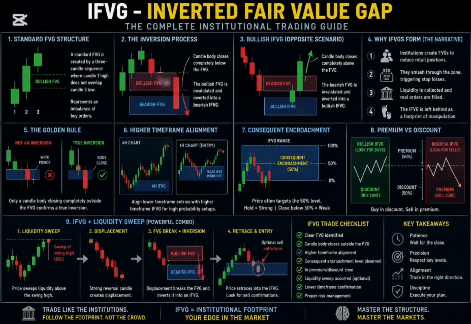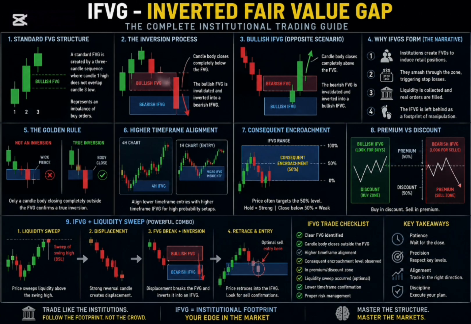Consequent encroachment acts as a massive financial magnet for algorithmic price delivery. When price retraces back into an inverse fair value gap, it will very frequently target the exact 50% line. Sometimes price will just touch the open of the inverse fair value gap and immediately push off, but often it will draw deeper into the zone to test the consequent encroachment level.